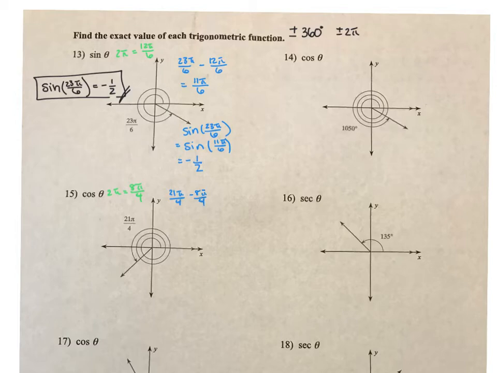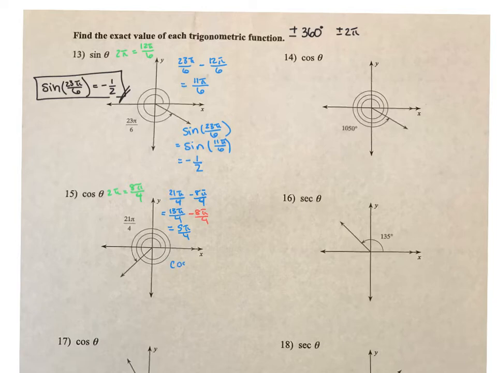So when I do 21 pi over 4 minus 8 pi over 4, I get 13 pi over 4, and I'm like, yeah, that's not on my unit circle. So I'm going to subtract another 8 pi over 4, and that's going to give us 5 pi over 4, which is on our unit circle. Okay, so we found what we want.